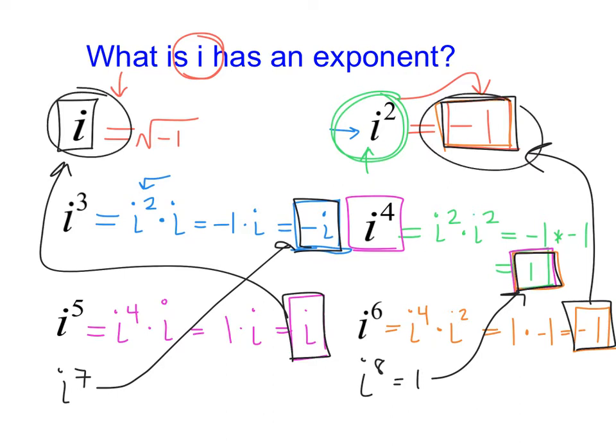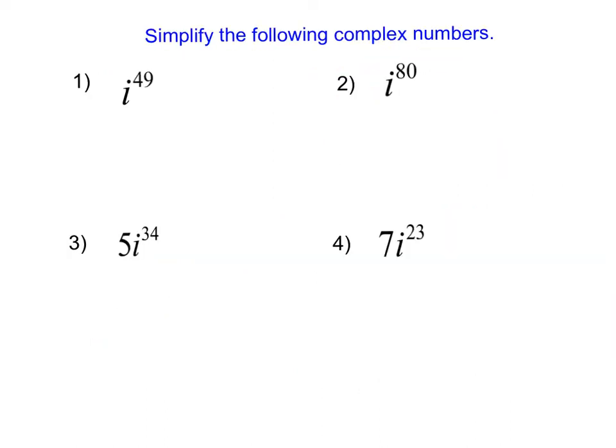So really, even if we had something like i to the power of 362, we could simplify it to one of these 4 values. What we learned on the previous slide is that i to a power goes in a circular way. So i to the power of 1 was i, i to the power of 2 was -1, i to the power of 3 was -i, and i to the power of 4 was equal to 1. And when we had i to the power of 8, that was 1.